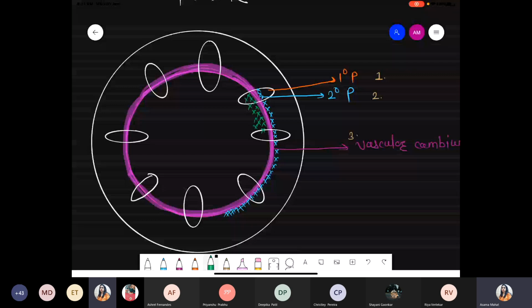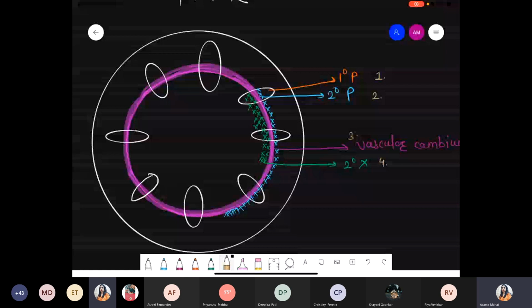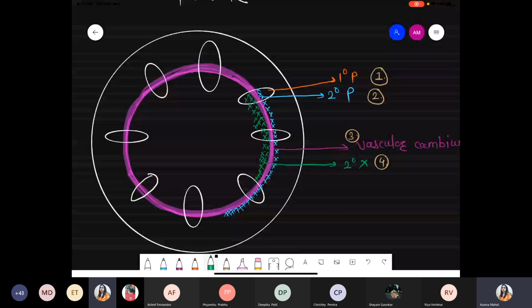These green regions are the secondary xylem, at the fourth number. So first from the outer side, primary phloem. Second, secondary phloem. Third, vascular cambium. Below the vascular cambium is the secondary xylem. Entirely, these are the regions where secondary xylem is present.